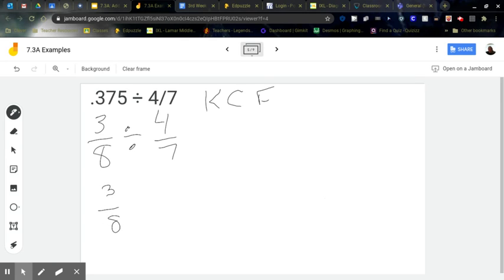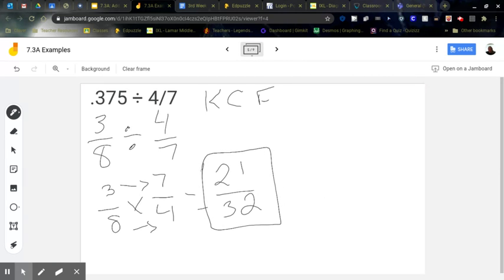We change the division to multiplication, and we flip the second number over. So instead of 4/7, we have 7/4. And then we multiply straight across. 3 times 7 is 21, and 8 times 4 is 32. We can't reduce it anymore, so we're going to keep it at 21/32.